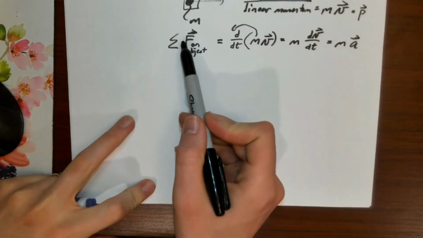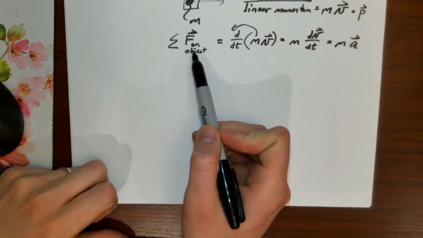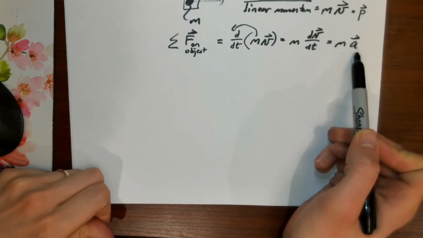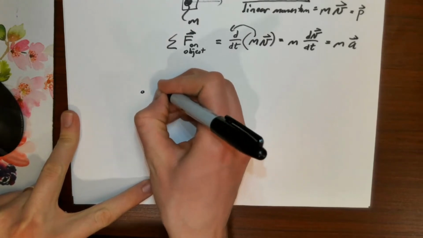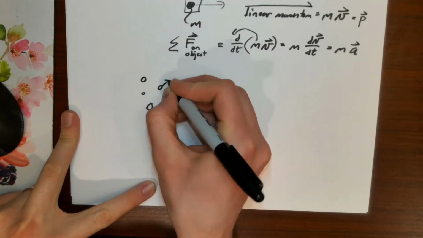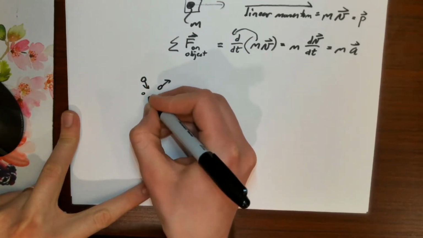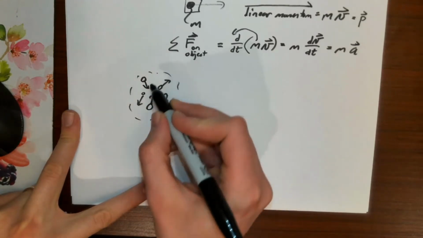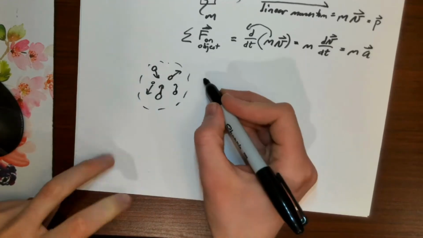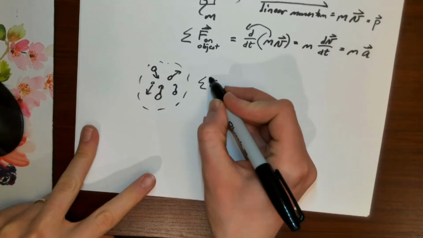So this idea of the sum of forces on a single object equaling mass times acceleration of this single object works. But what happens if I had a whole bunch of objects, all with their own velocities, all with their own individual momenta? Could I group them together and instead ask, what is the sum of forces on this system?